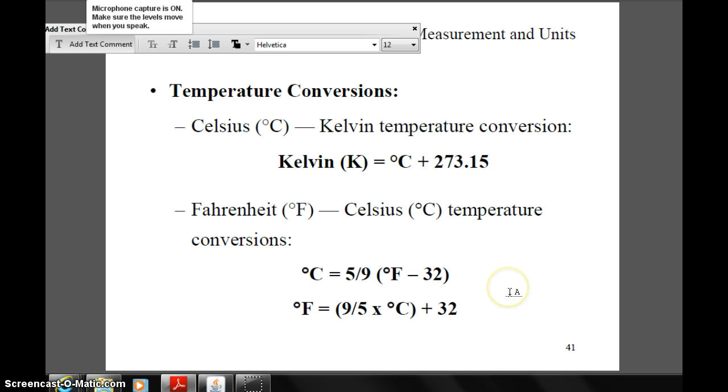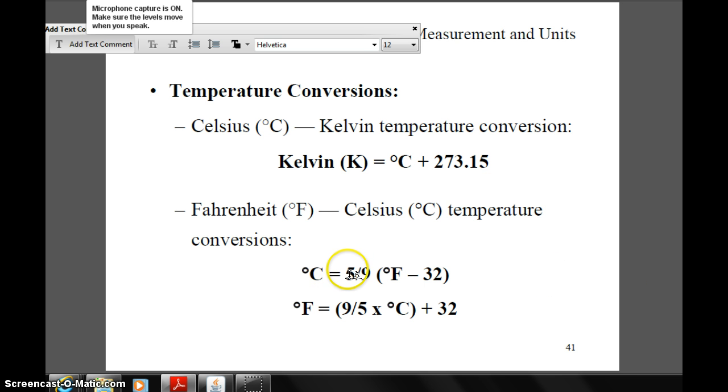Likewise, like I was saying, Fahrenheit and Celsius are a little bit different from each other. The size of each Fahrenheit degree is also going to be different, and we learned a little bit about that in the last slide.